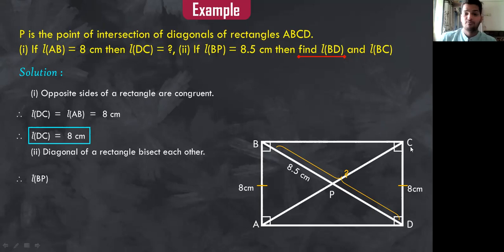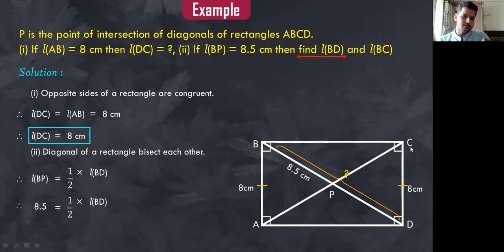Therefore, the length of BP is half of the length of BD. The length of BP, 8.5, is equal to half of the length of BD. Now we want the length of the BD segment, so we will shift 2 to the left side.